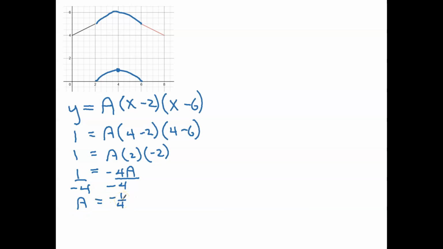So therefore, I now know the equation of that graph, which is y equals negative 1/4 brackets x take 2, x take 6.